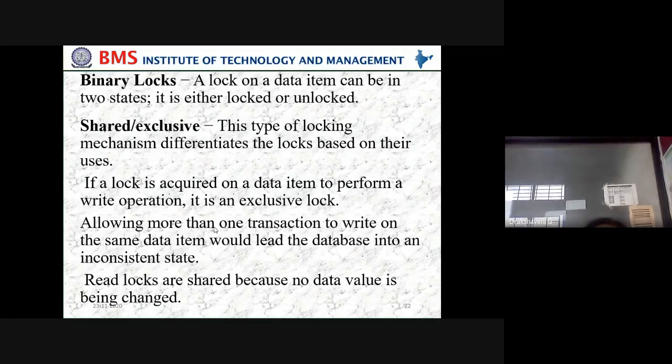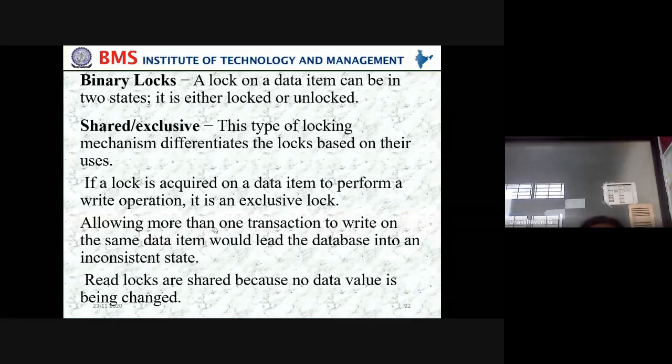If a lock is acquired on a data item to perform a write operation, it is an exclusive lock, because allowing more than one transaction to write on the same data item could lead the database into an inconsistent state. Read locks are shared because no data values are being changed.